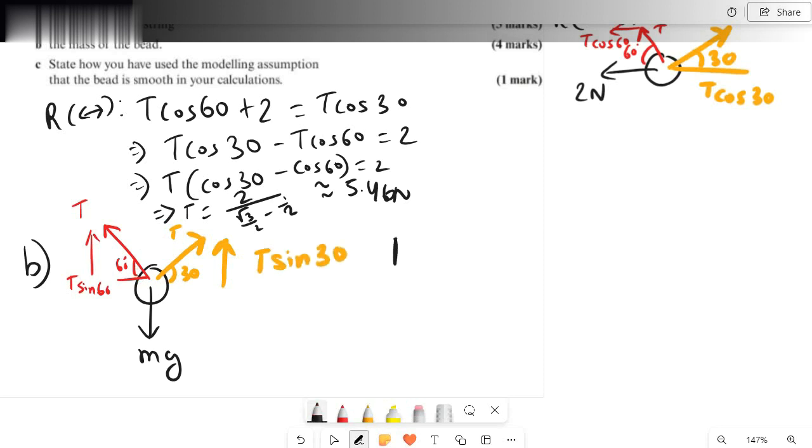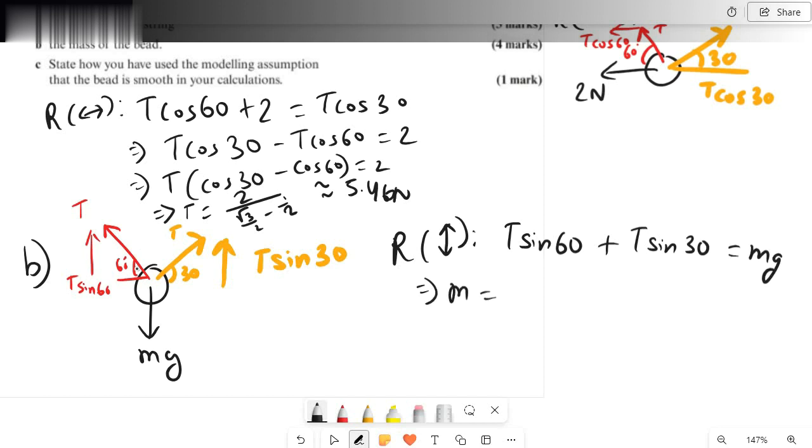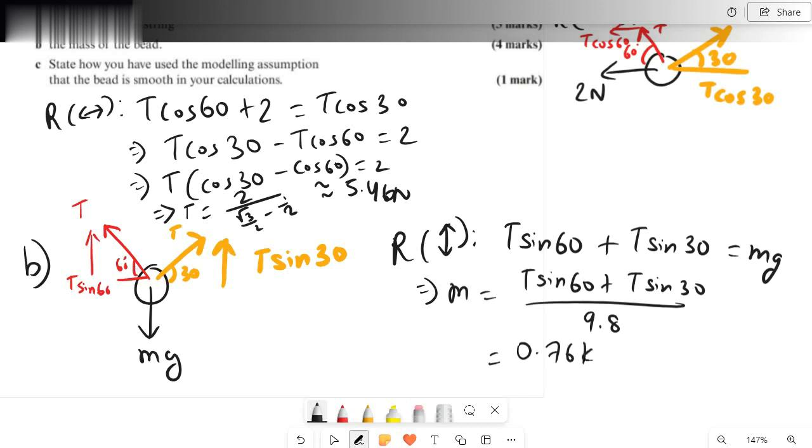So therefore, resolving vertically, we can say that T sin 60, which is upward, plus T sin 30, which is also upward, is equal to the weight, which is mg. So therefore, m is going to be equal to T sin 60 plus T sin 30 divided by 9.8, and plugging those values, we get 0.76 kg for the mass.